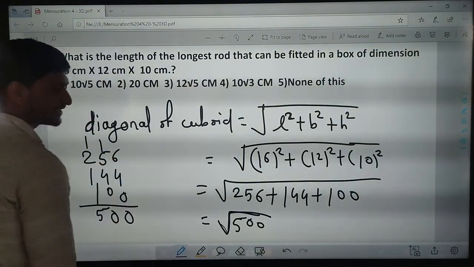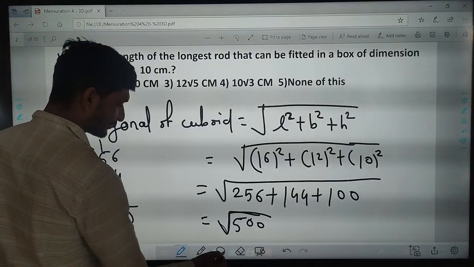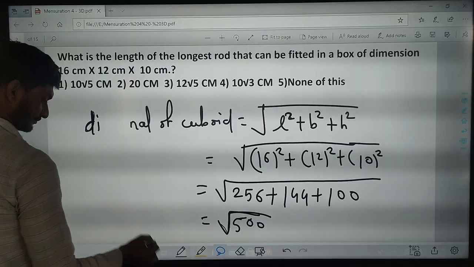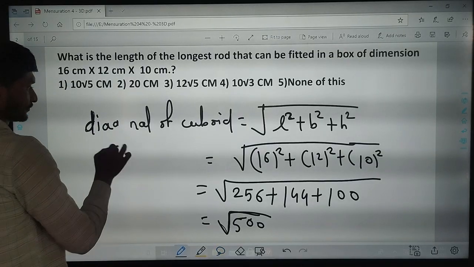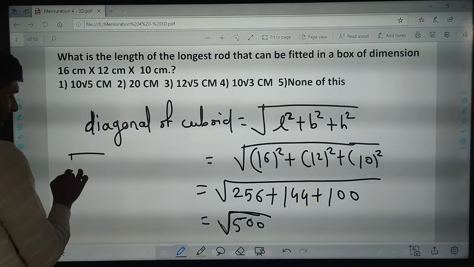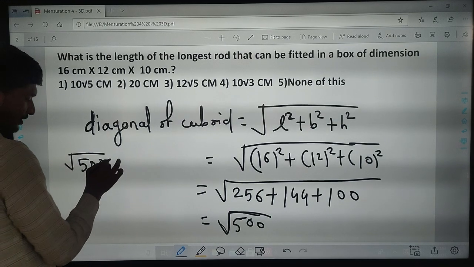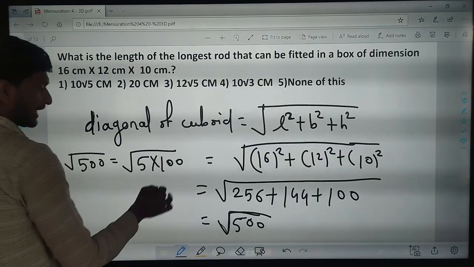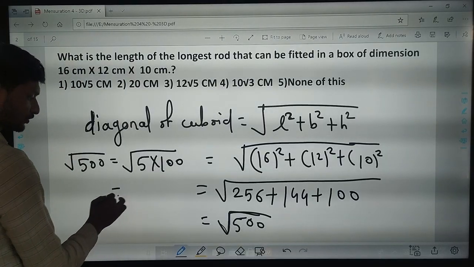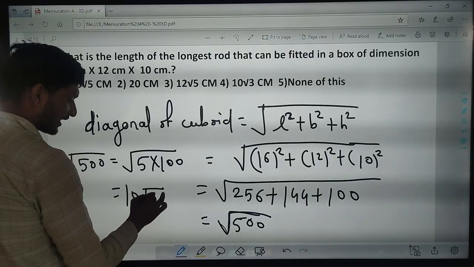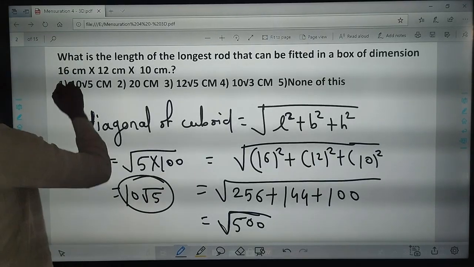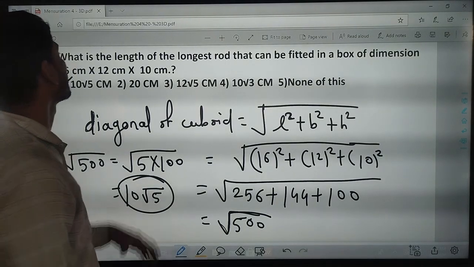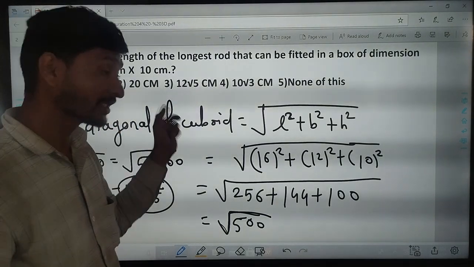By arranging this, under root 500 is equal to 5 into 100. Then 100 comes out of the square root, then 10 root 5. Then the length of the diagonal is 10 root 5. Here the length of the longest rod means the diagonal.